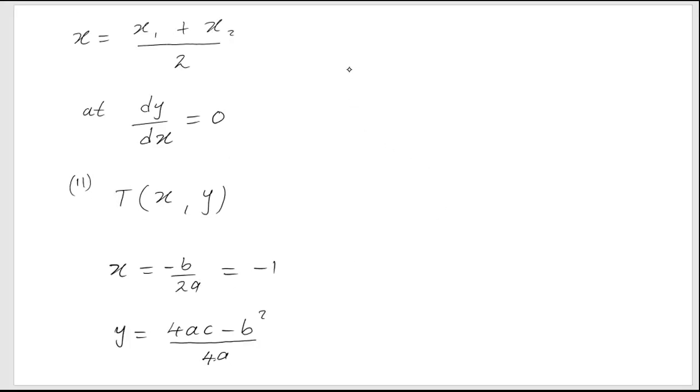So y is going to be 4ac, a is negative 1, c is 3, minus b, which is negative 2, squared, over 4a, which is negative 1.